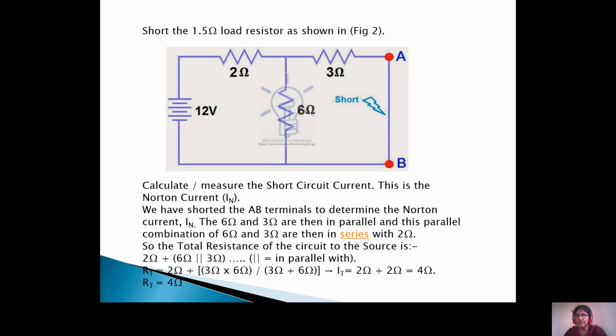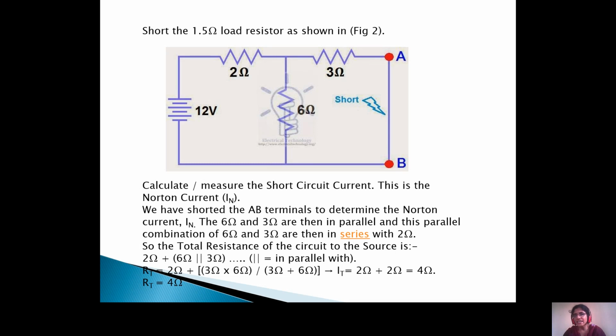How to calculate? We have shorted the AB terminals to determine the Norton's current IN. So the current will be flowing through 12 ohms, and the same current will flow through 2 ohms. At this point, 6 and 3 are in parallel, so 6 into 3 by 6 plus 3, plus 2 ohms.